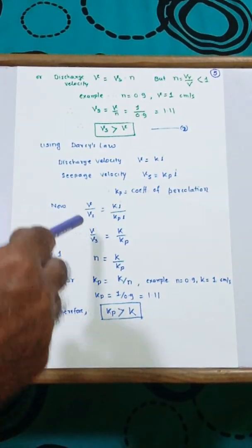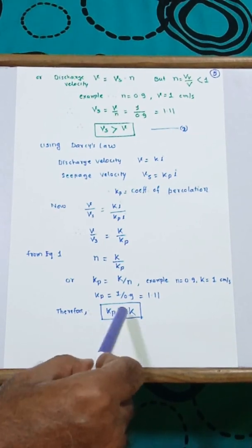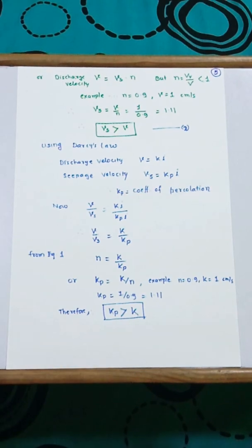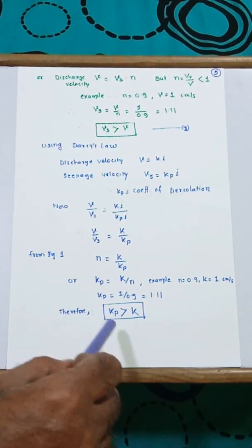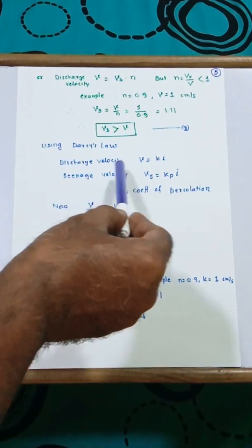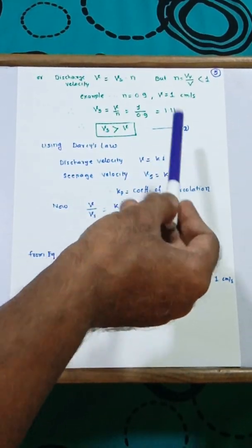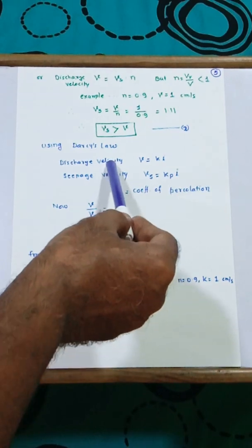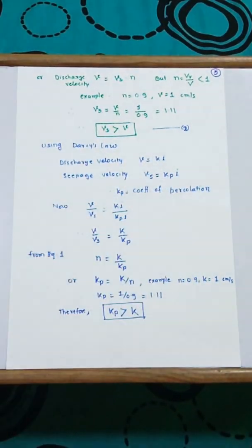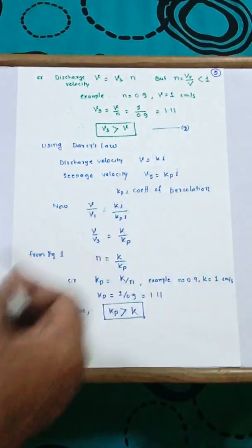So here we can relate the coefficient of permeability K with respect to the coefficient of percolation, which is through the voids. So in a discharge velocity, if I write the equation V is equal to Ki, this is for actual, and for the theoretical, the seepage velocity Vs is equal to Kp into i.